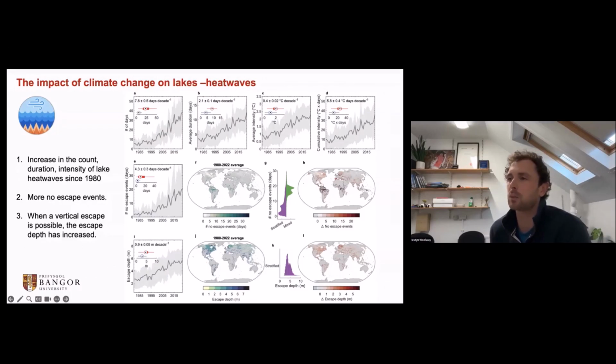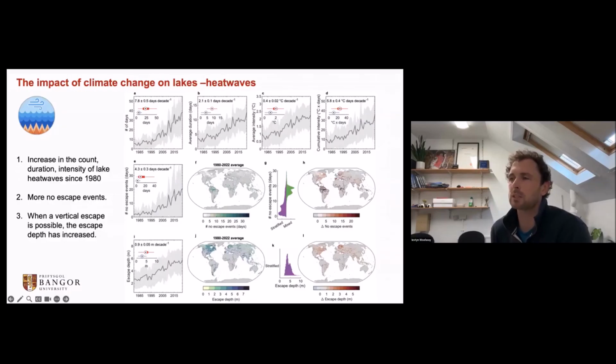I'm looking here at panel E, which is the second down on the left-hand side. Again, no escape events means that there's nowhere in the lake where water temperature is lower than the surface heat wave conditions. In panel I, the bottom left, I show an escape depth. What this refers to is, if there is an escape in terms of thermal anomaly, so if there is anywhere in the lake that's cooler than the surface heat wave conditions, we calculate an escape depth.